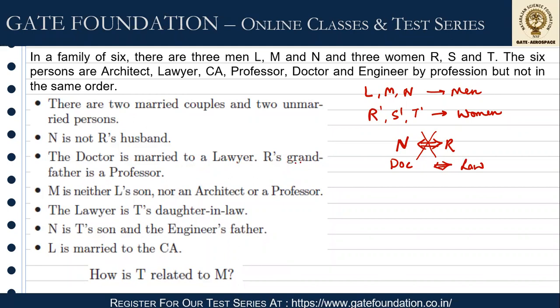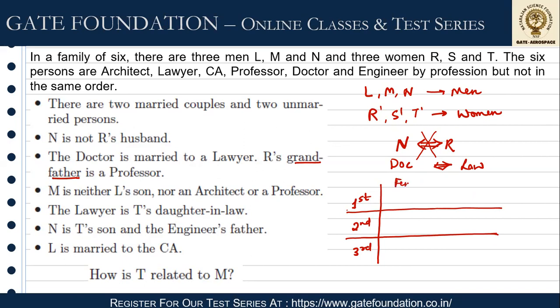Now, since the word grandfather is being used, I can use this liberty to form three generations. So, I'm going to deal with first generation, second generation, and third generation. So, we are having three generations over here. Again, these three generations we'll have, and yes, we'll have female over here and male.